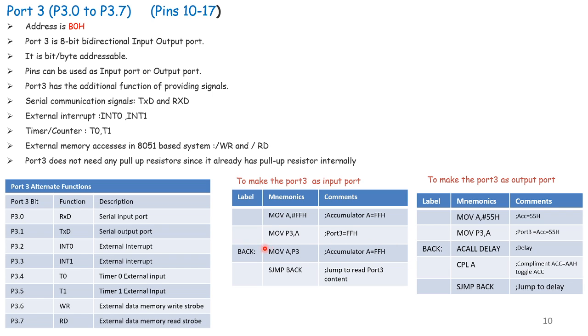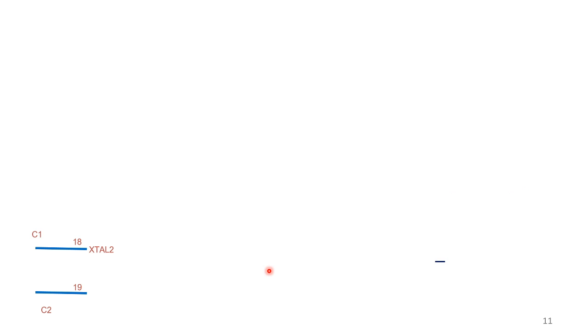So this instruction is the input instruction and that instruction is the output instruction. Content of accumulator moved to port 3, so port 3 works as an output port. Content of port 3 moved to accumulator, this works as an input port.